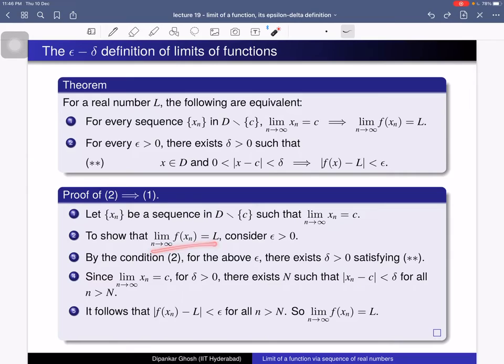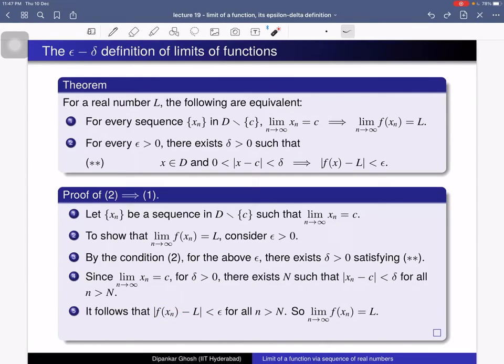So we consider an arbitrary positive real number epsilon, and then we should prove that L satisfies the epsilon-N condition. For this epsilon we should prove that there exists a natural number, a certain stage, so that after that stage the distance between this term and L is less than epsilon.